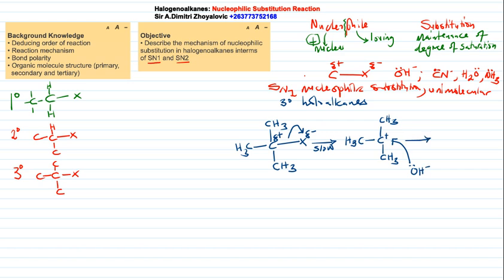The first reaction was slow because it involves bond breaking, but the second step is fast because it involves bond formation.